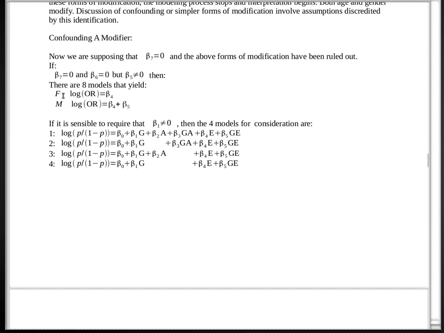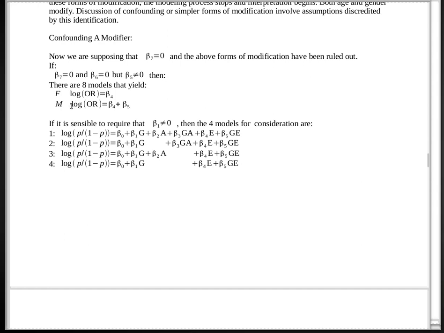Because the 2 log odds ratios here, we can see for the men and the women, differ by beta 5. We can still have gender modification. Okay?